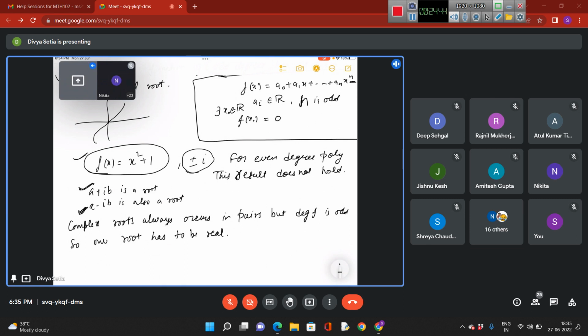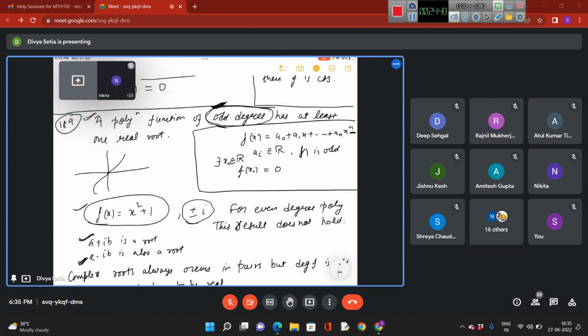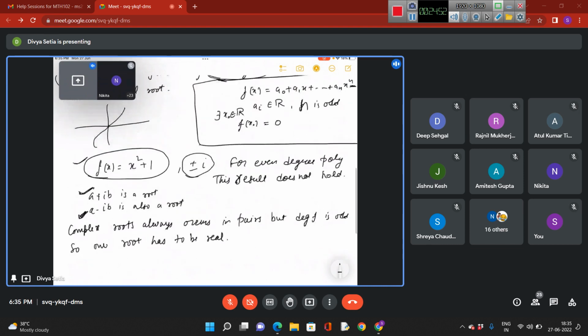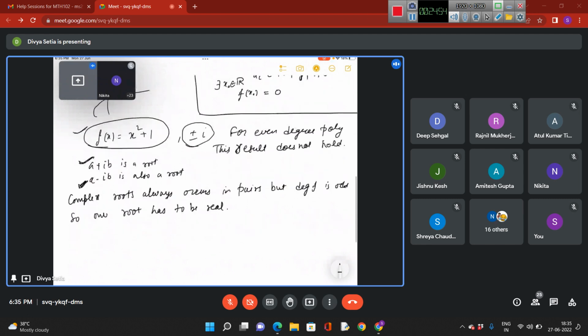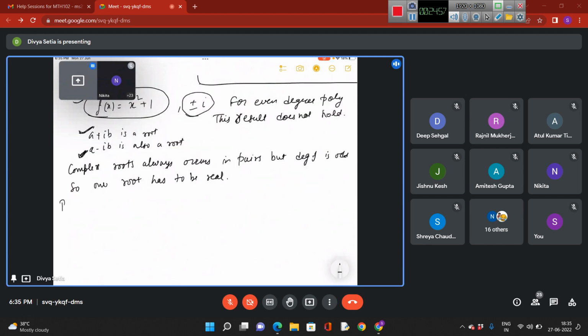So now by intuition the meaning is clear, why such a statement should be there. Now the main thing is how to prove such a statement. Geometrically you can see that yes, an odd degree polynomial should have some real root. But what should be the mathematical proof?